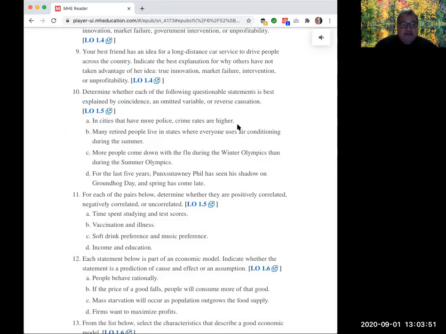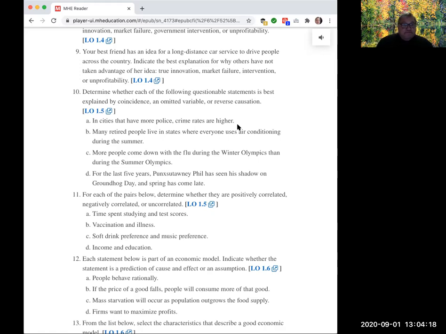It's simply stating more X and more Y occur. Perhaps the higher level of policing is a function of the reality of a higher crime rate in the city. And if that's the case, then we say police and crime rates are positively correlated, but that doesn't mean that one causes the other.